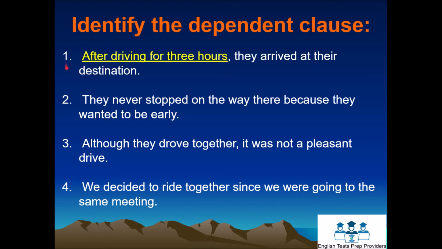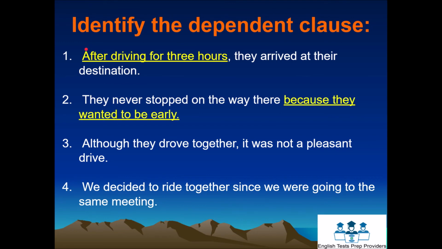Since it is introduced or started with a subordinator and a comma at the end, definitely this is our dependent clause. "After driving for 3 hours" is not complete, the meaning is incomplete, so this is our dependent clause. And our subordinator is "after."